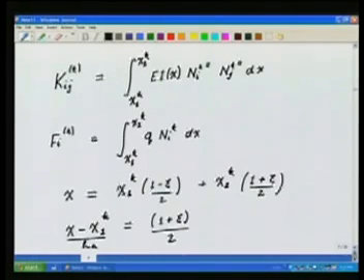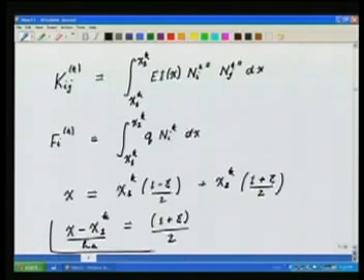You can check from here that x minus x1 of k will be equal to (x2 minus x1 of k) into (1 plus psi) by 2, and x2 minus x1 of k is hk. So (x minus x1 of k) divided by hk is equal to (1 plus psi) by 2.